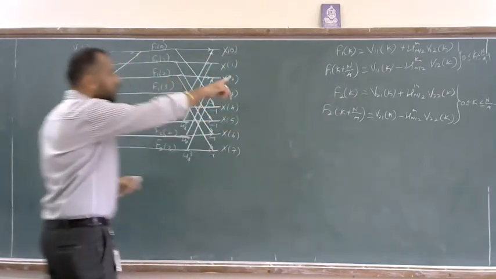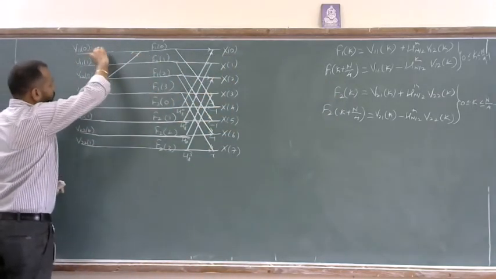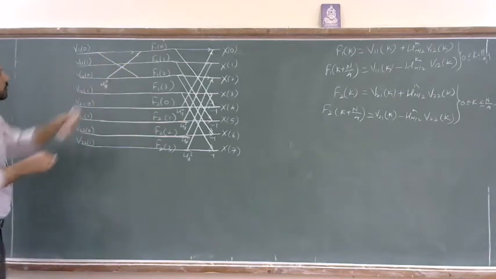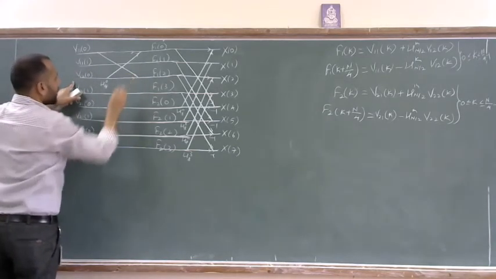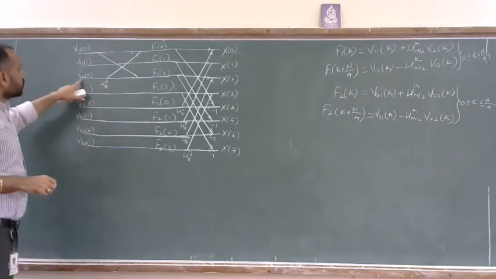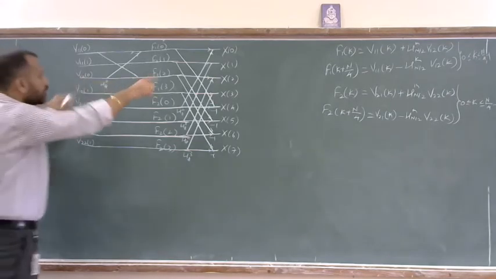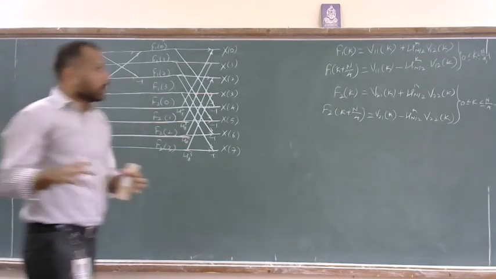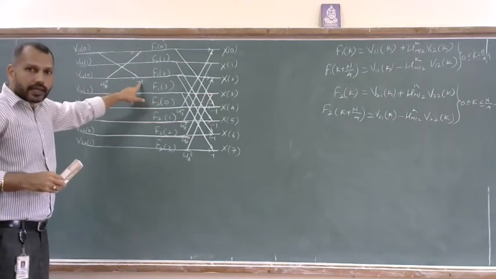f1 of 2 will be V11 of 0 minus, multiplied by W4 to the power 0 with V12 of 0, but we have a minus sign. Because of that minus sign, we multiply by minus 1. Why are we including minus 1 at this end itself?